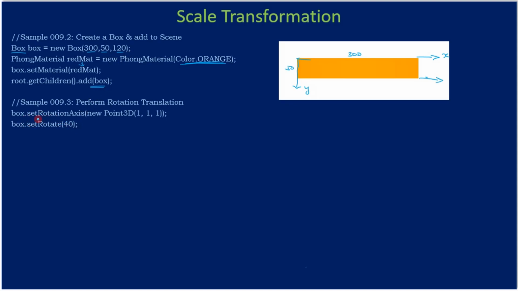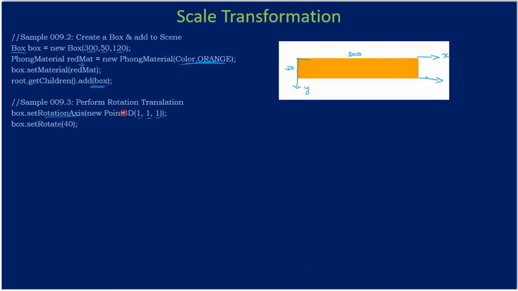So here we make use of box dot set rotation axis, and the rotation axis we give a 3D point 1 1 1. So that means we want to rotate it on XYZ.